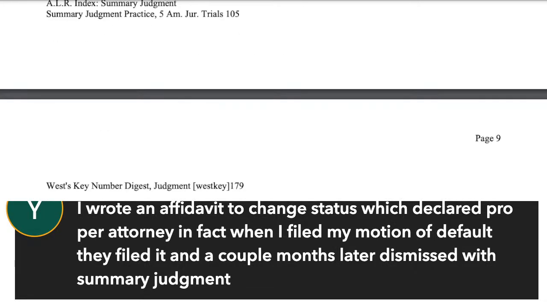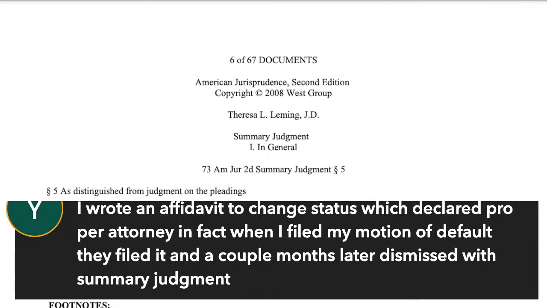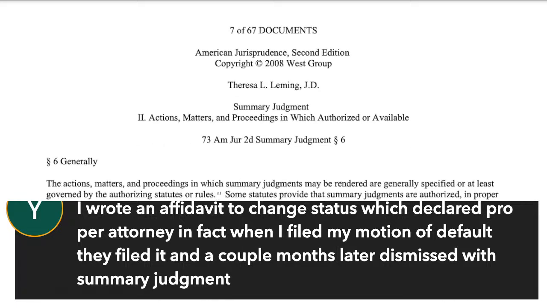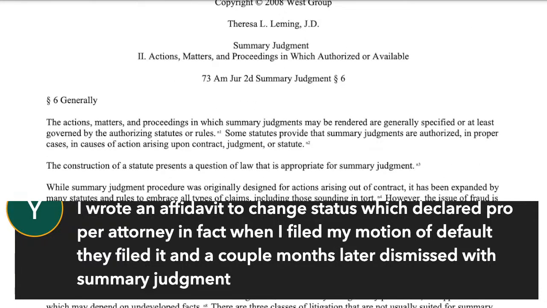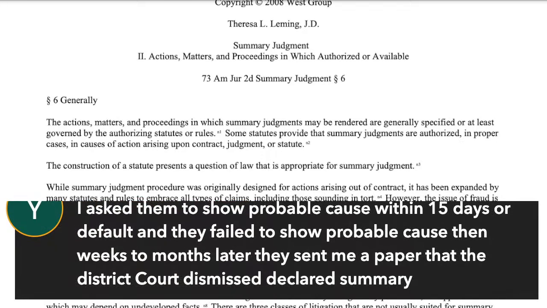Let's get back to where we left off here. All right. And this looks like it right here. On to generally. Let me clear this one off here. You have rights, cops have duties. Says, I asked them to show probable cause within 15 days or default, and they failed to show probable cause.